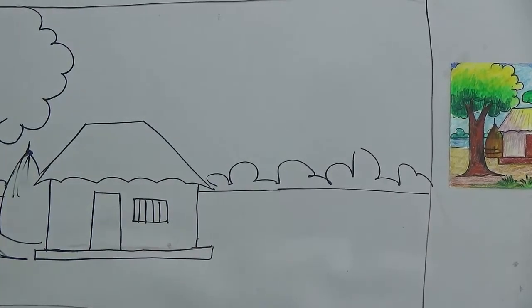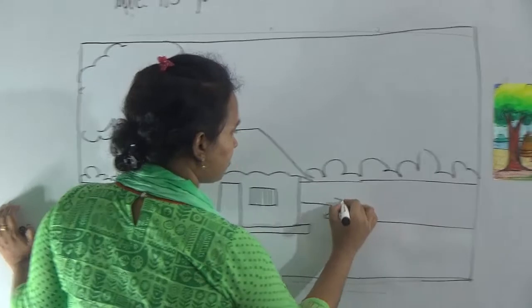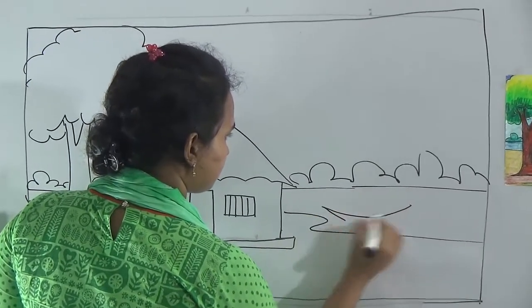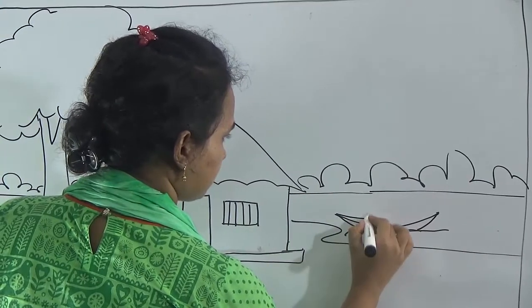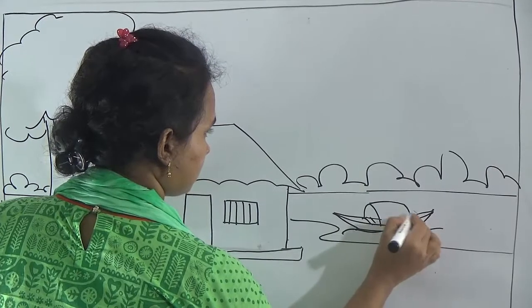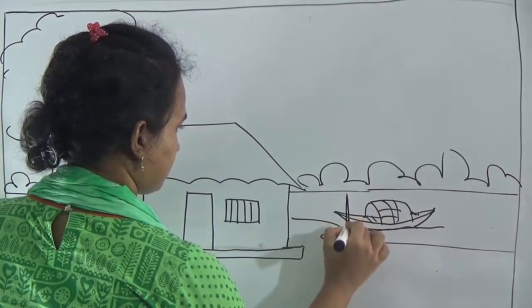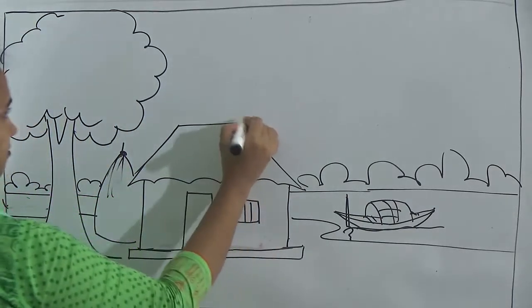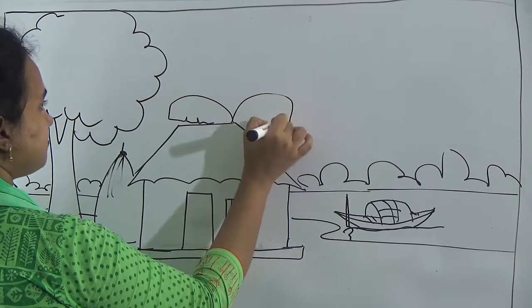Then you will give the river and draw a boat. And give here a banana tree.